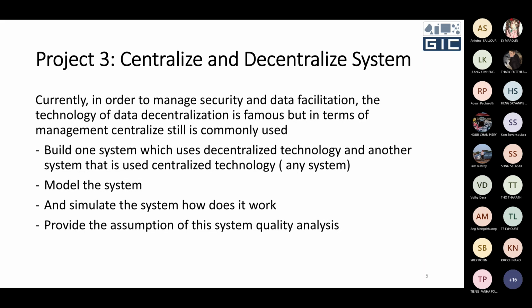Do you know about centralized and decentralized systems? Have you heard anything about cryptocurrency and blockchains? The goal of blockchains is to make something decentralized.